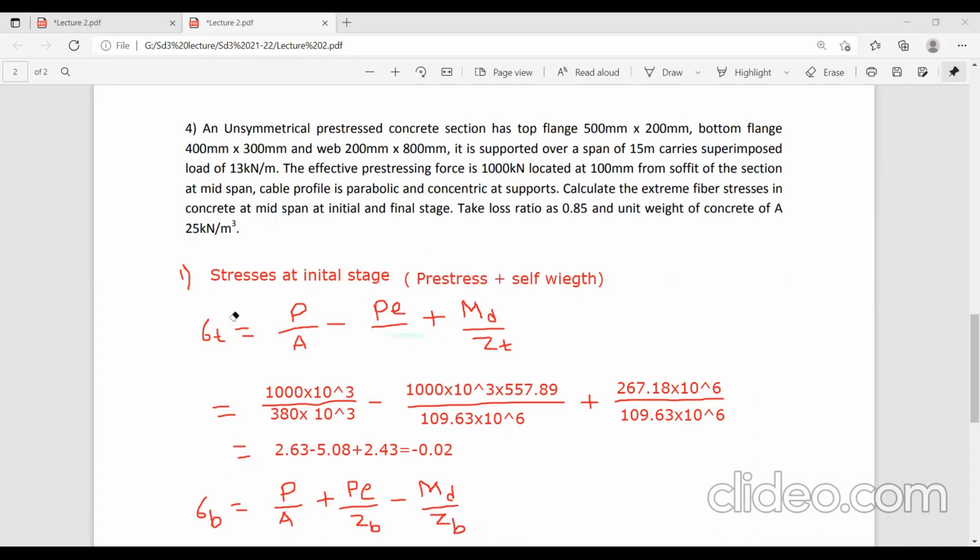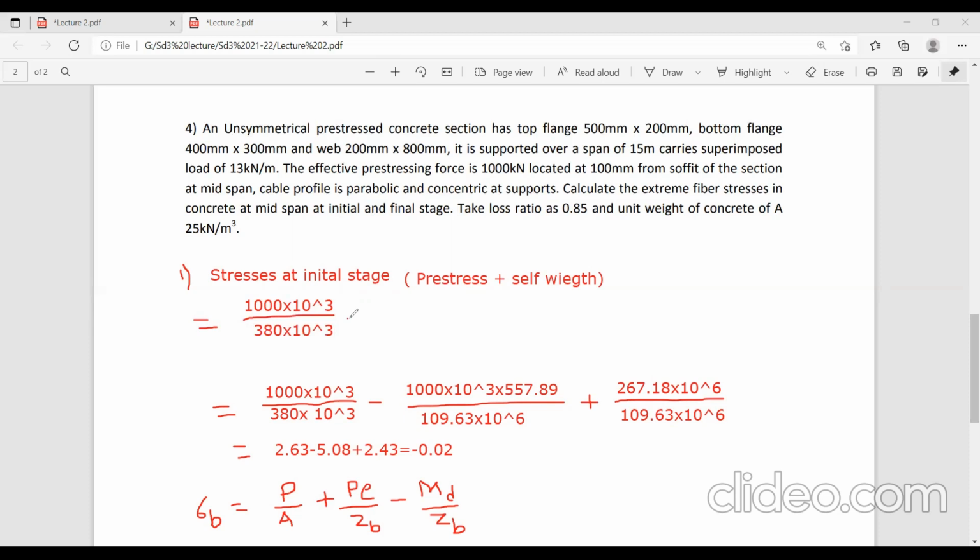So again write down sigma B is equal to P, 1000 into 10 raised to the power 3, divided by cross-sectional area of beam 380 into 10 raised to the power 3.